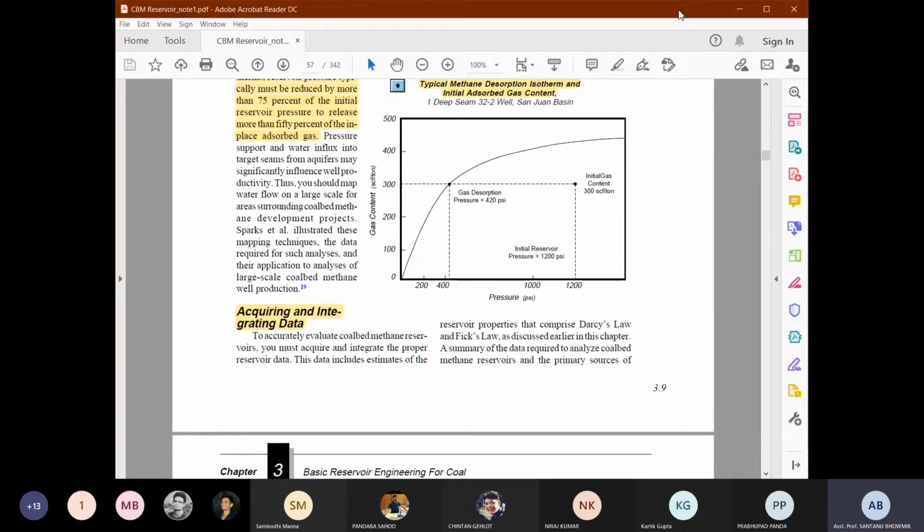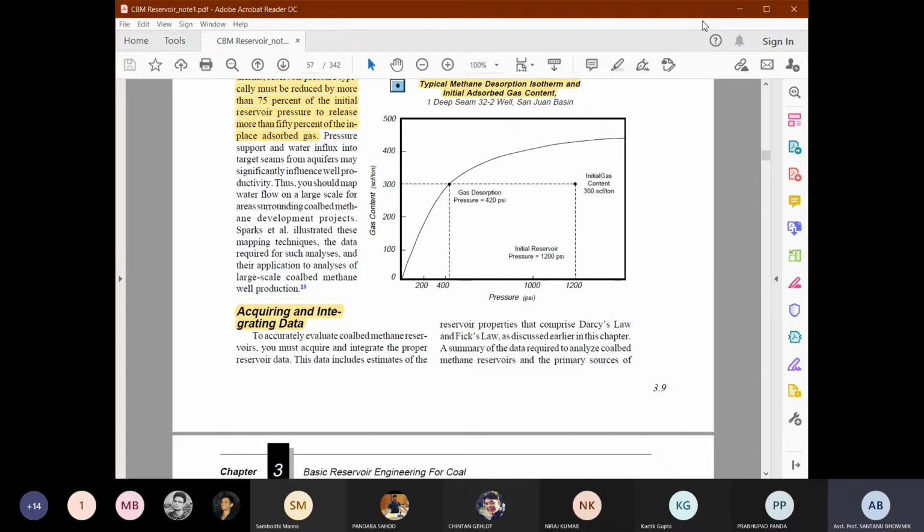So in the last class, the desorption isothermal graph was discussed. Is it clear to all of you? The desorption isothermal graph, which is collected from the desorption field canister testing, is a very important step to understand the isothermal test and all these errors.